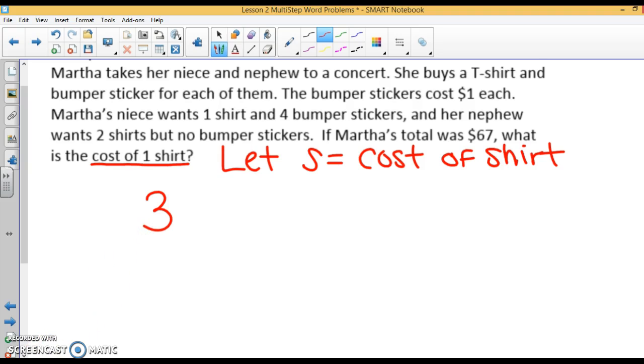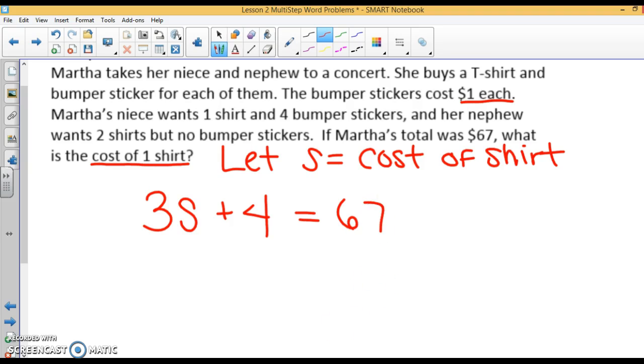But we don't know the cost of them. So we're going to say 3S, right? 3 times the cost of the shirt. Then it says that her niece also wants 4 bumper stickers. And up here it tells us that each bumper sticker costs $1. So if we want 4, it's just going to be $4. And it says that her total was $67. So we know that it has to add up to $67.